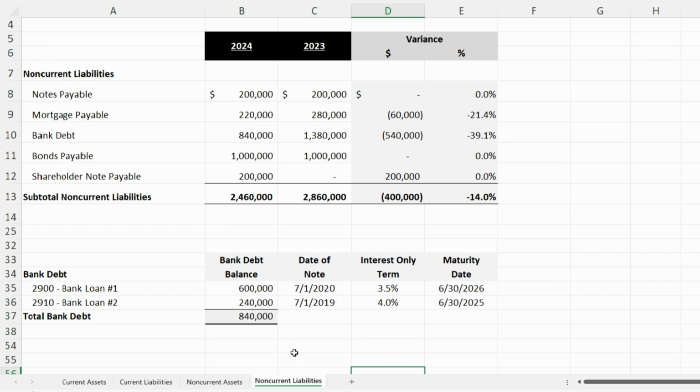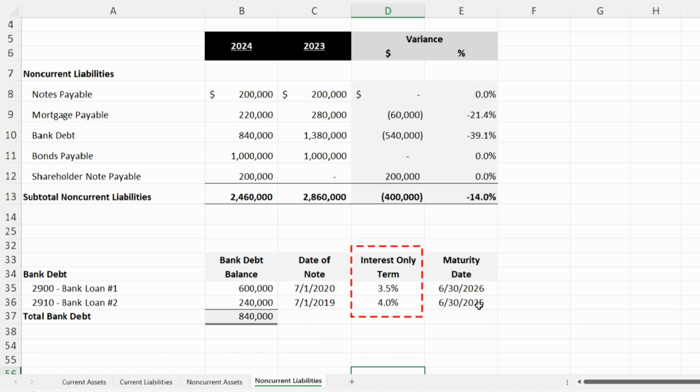So non-current liabilities, this is the portion that is due greater than a year. And much like a mortgage, much like a promissory note, there's certain aspects of debt that just kind of carry forward, no matter what kind of debt that you have. We have a date that this was issued or funded. This is when the bank funded these loans for us. There's an interest rate and there's a maturity date.